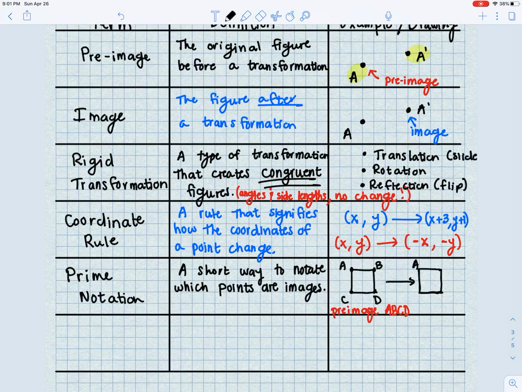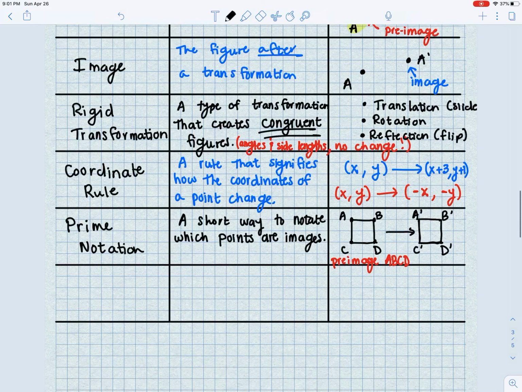Then after my transformation, these points are no longer A, B, C, D. They are instead A prime, B prime, C prime, and D prime. And this is so that you don't confuse your shapes. You know which one you started with and which one you ended with. Okay? If you were to complete more than one transformation, you would keep adding on apostrophes or primes.